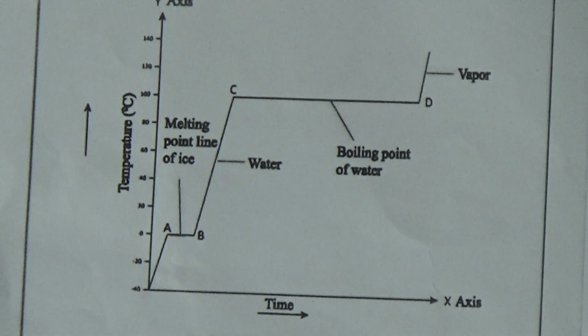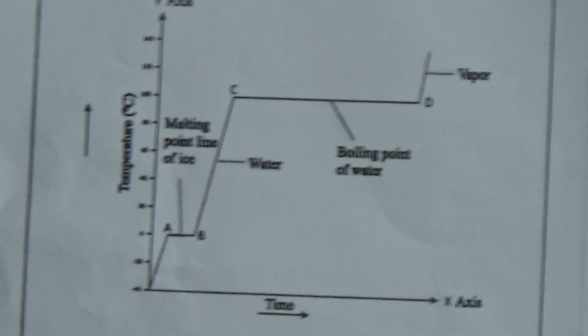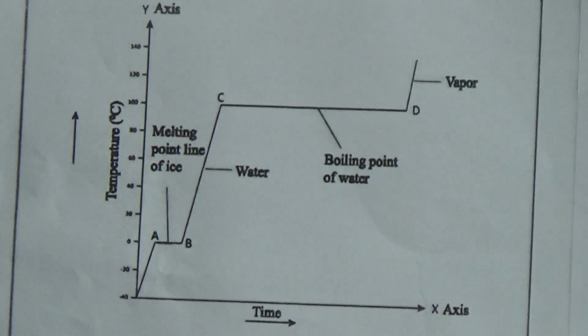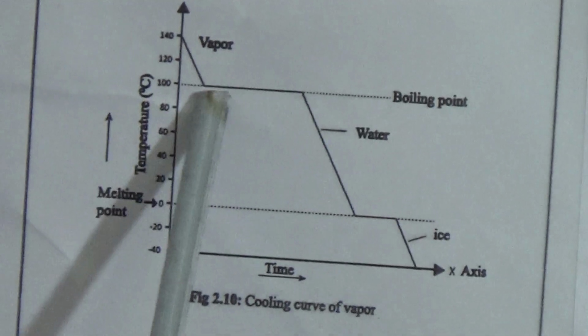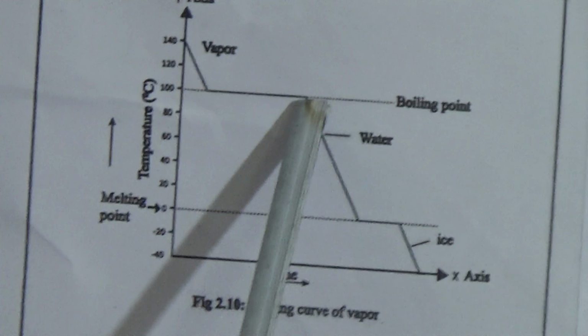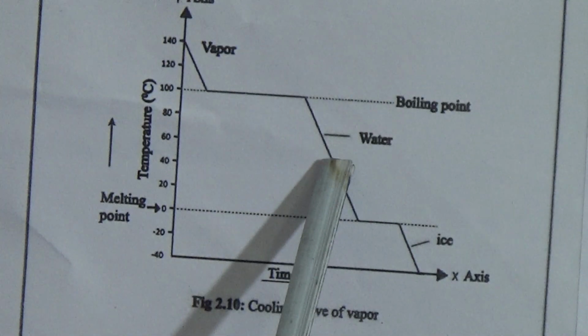At the same time, if we cool down the vapor, at first if we consider 140 degrees Celsius vapor, if we cool it up to 100, it remains in vapor condition, but at 100 degrees Celsius it starts to condense and turns to water.